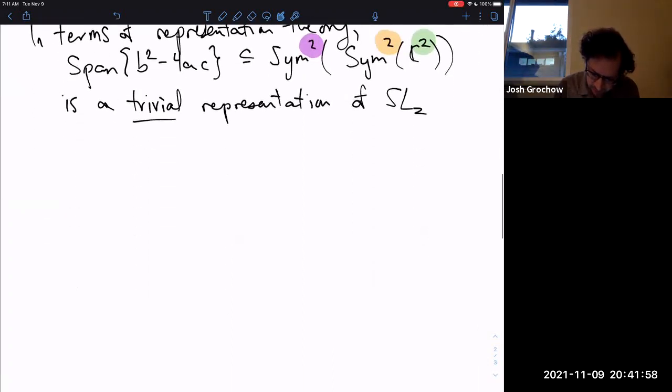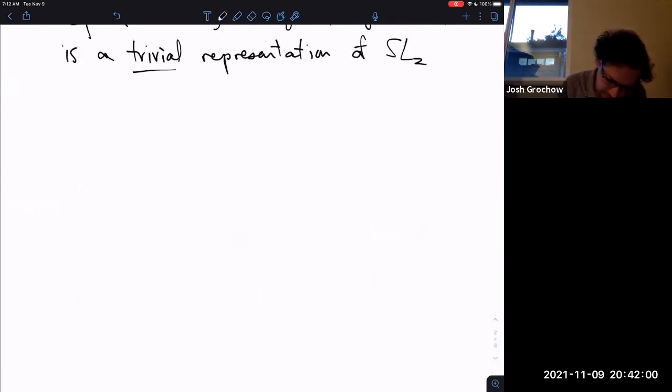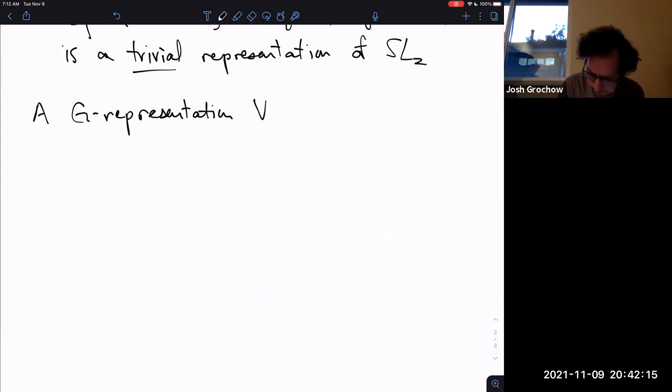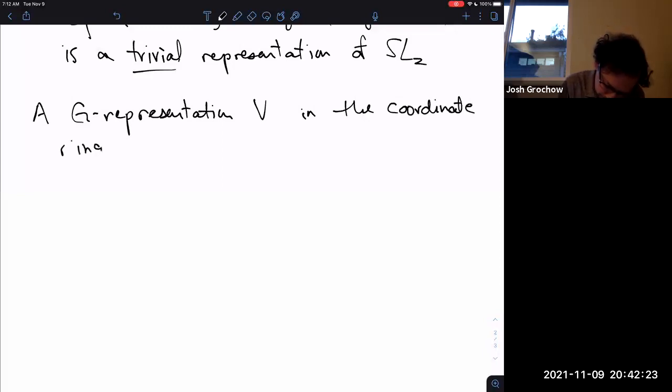And in general, the message here is a G representation, let's say V, in the coordinate ring corresponds to a G invariant property.